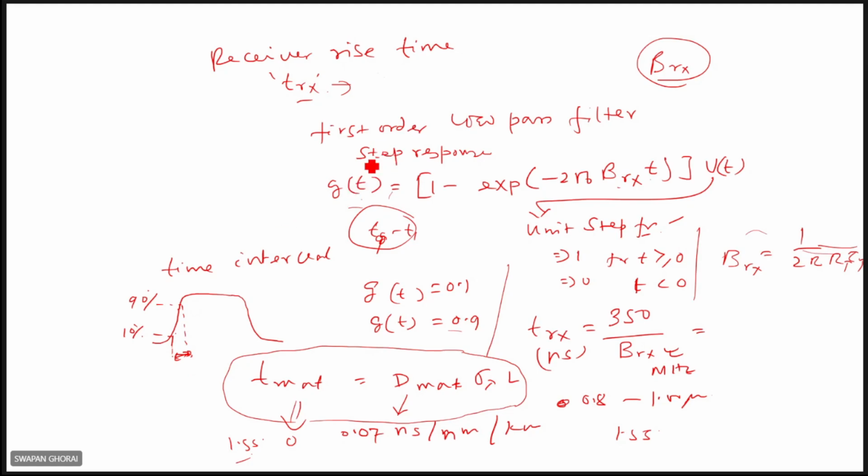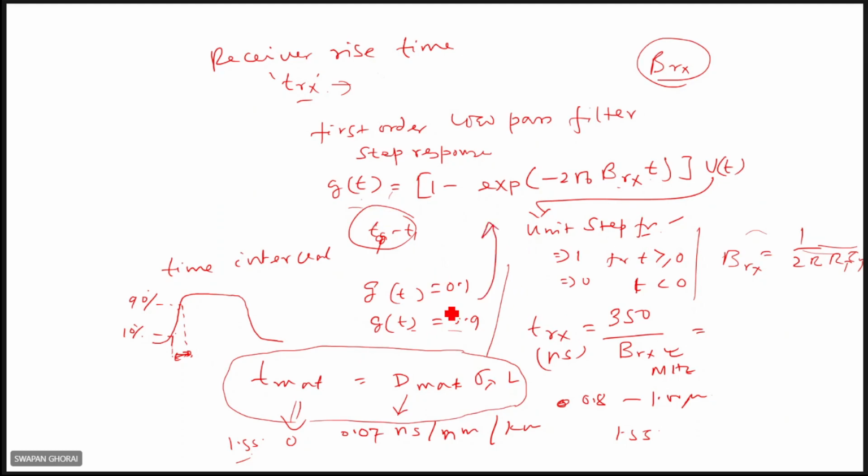So if the response is these ones, once you put GT equal to 0.1, and in the other case GT equal to 0.9. If you consider these two and find the receiver rise time, then it will be TRX after substituting these things, in two cases.